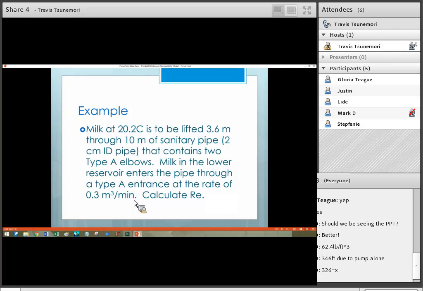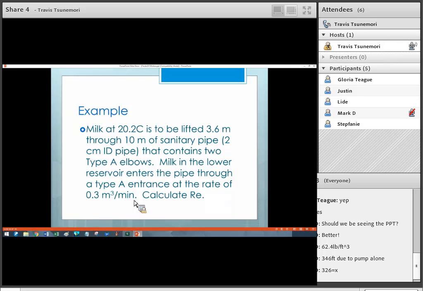So let's assume we have milk at 20.2 degrees C. It's going to be lifted 3.6 meters through 10 meters of sanitary pipe, which is 2 centimeter inner diameter pipe. Contains 2 type A elbows. Milk in the lower reservoir enters the pipe through a type A entrance at the rate of 0.3 meters cubed per minute.